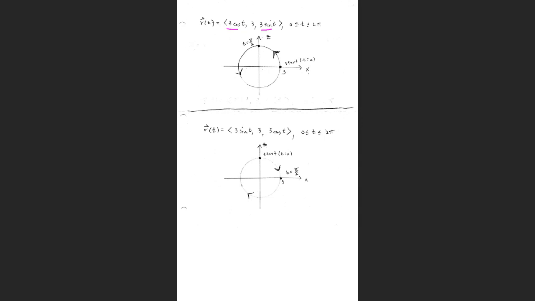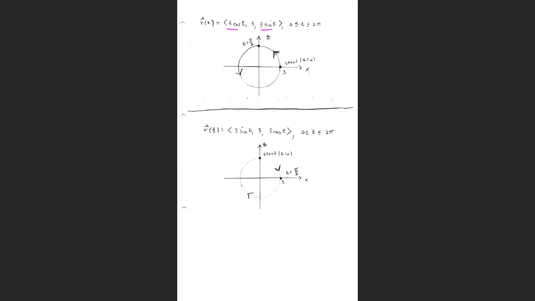So if x is 3 cosine t and z is 3 sine of t, in terms of the xz plane, although remember this space curve is located 3 units to the right of the xz plane, this would be the space curve.